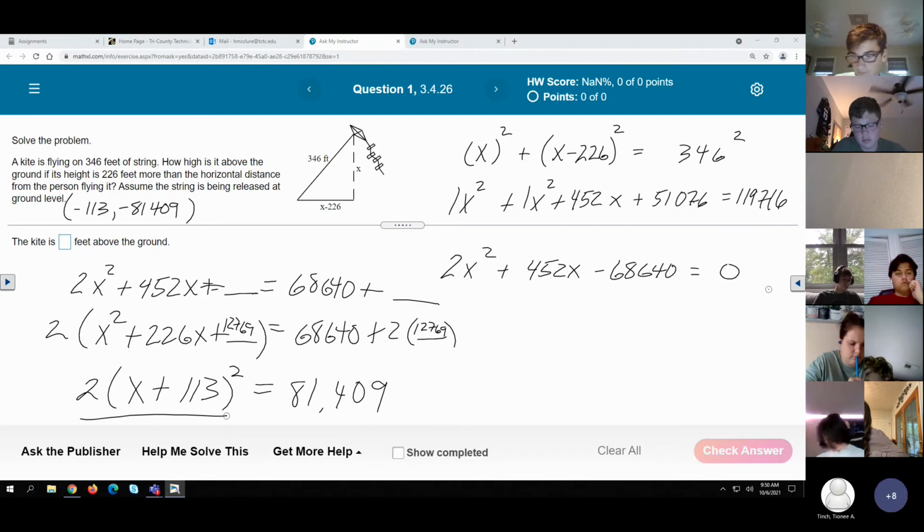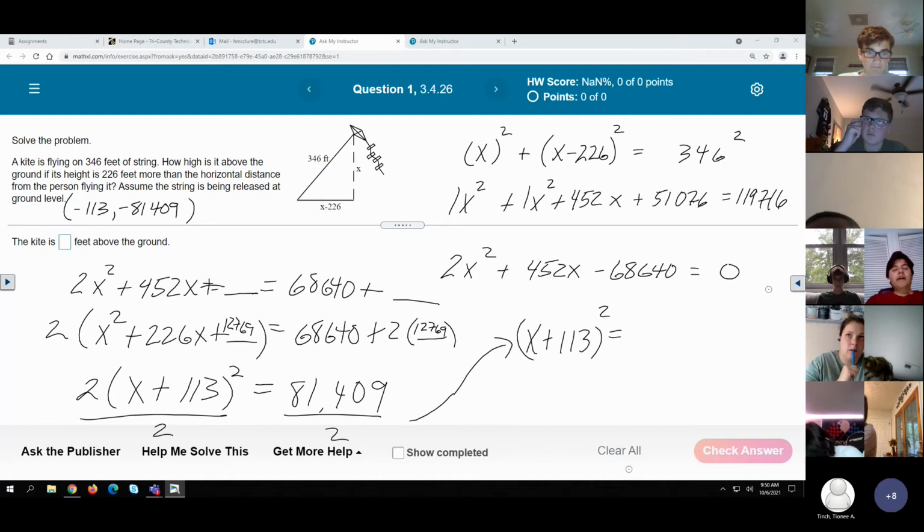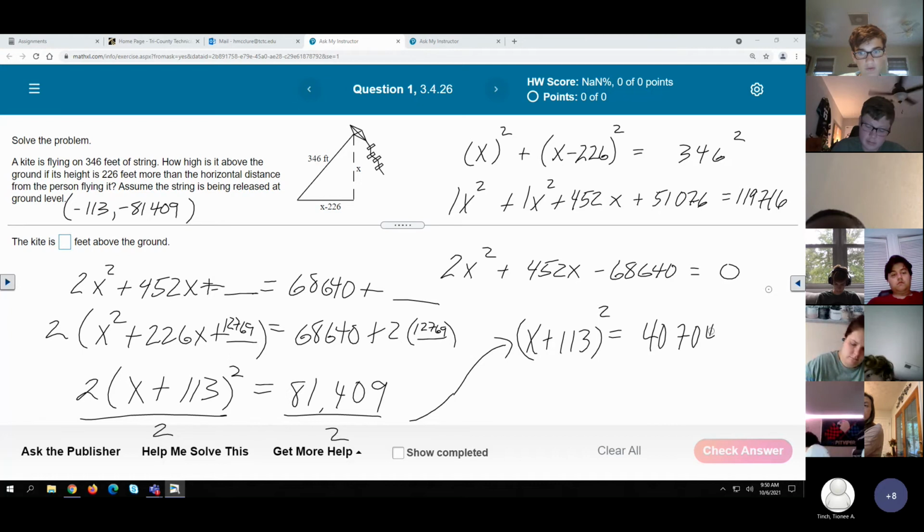Divide by 2, and that gives us x plus 113 quantity squared is equal to 81,409 divided by 2, which is 40,704.5. Take the square root of both sides.